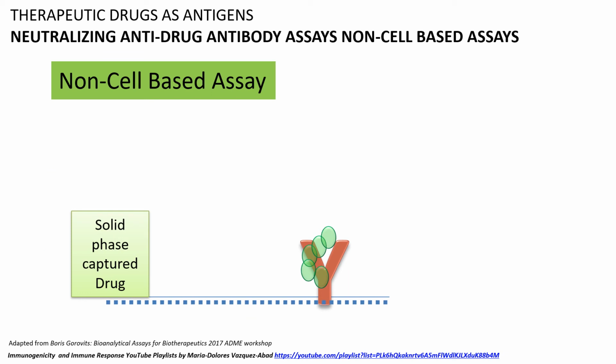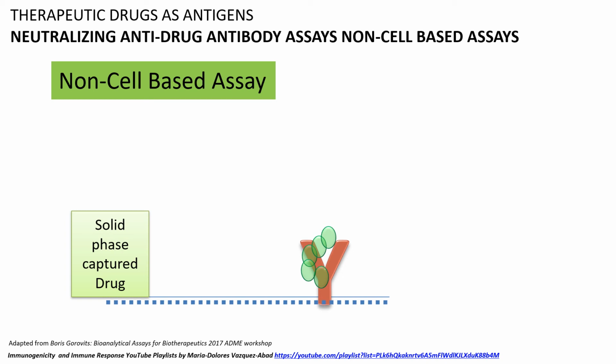Now, how do we know if these anti-drug antibodies are actually neutralizing the ability of the drug to bind its target? Well, that's what we call neutralizing anti-drug antibody assays. So the anti-drug antibodies can be neutralizing, or they can be anti-drug antibodies that do not neutralize. How do we know if they're neutralizing?